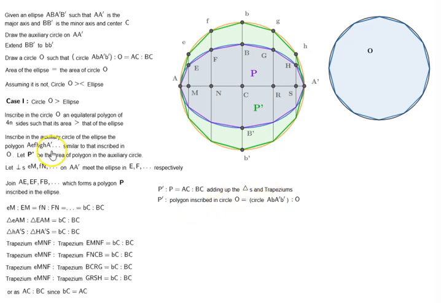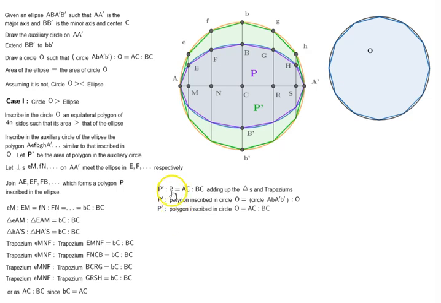Because remember, we inscribed in the auxiliary circle of the ellipse the polygon P prime similar to that inscribed in O. So P prime is to the polygon inscribed in circle O as AC is to BC. Now, since P prime is to P as AC is to BC, and P prime is to the polygon inscribed in circle O as AC is to BC, that means P prime is to P as P prime is to the polygon inscribed in circle O.